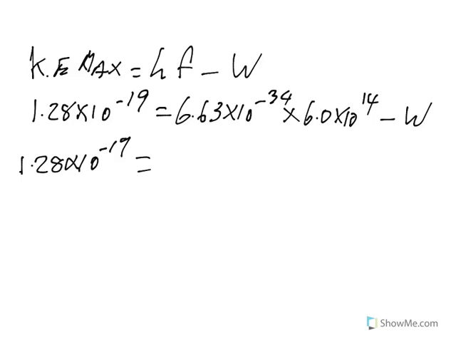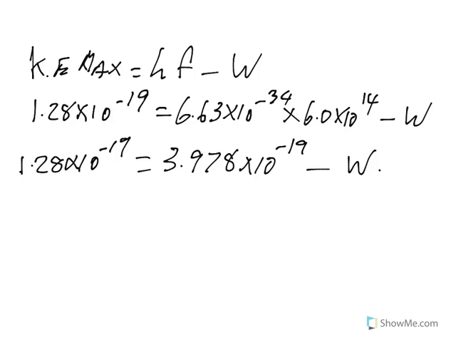So 6.63 by 10 to the minus 34 times 6 by 10 to the 14 is 3.978 by 10 to the minus 19 minus the work function.